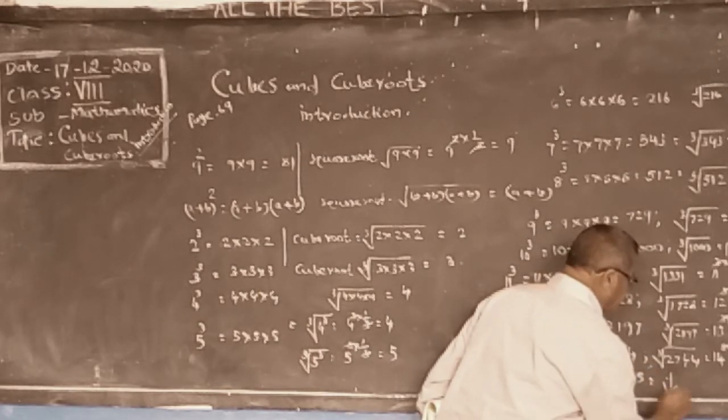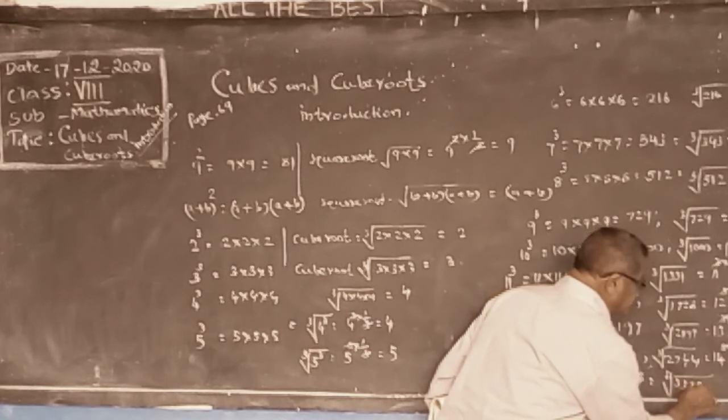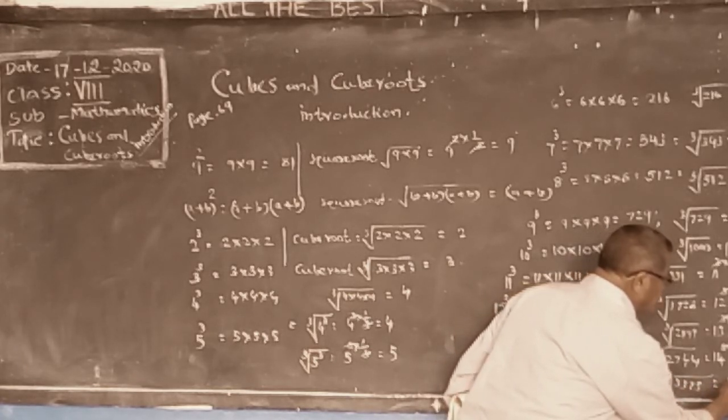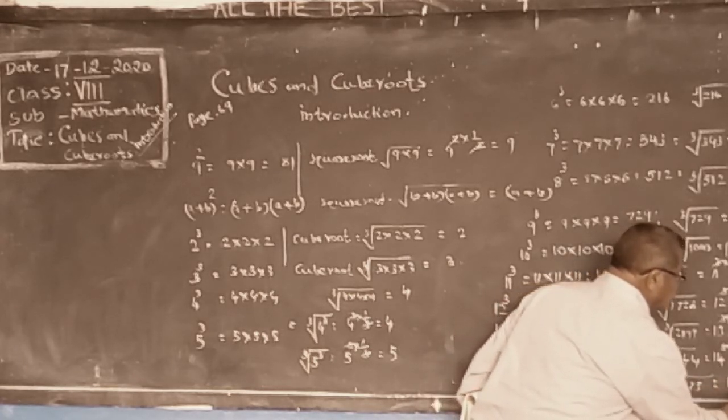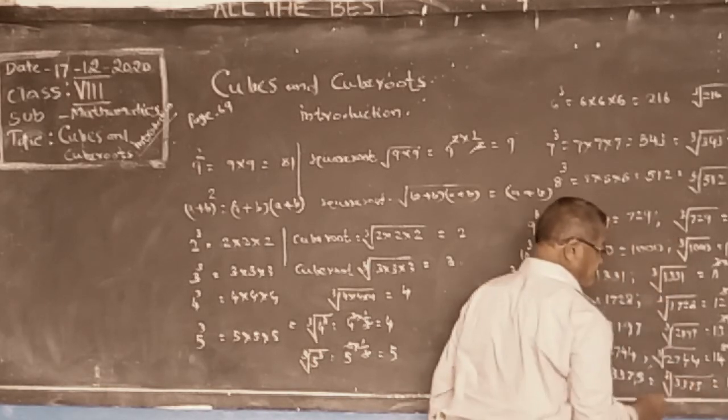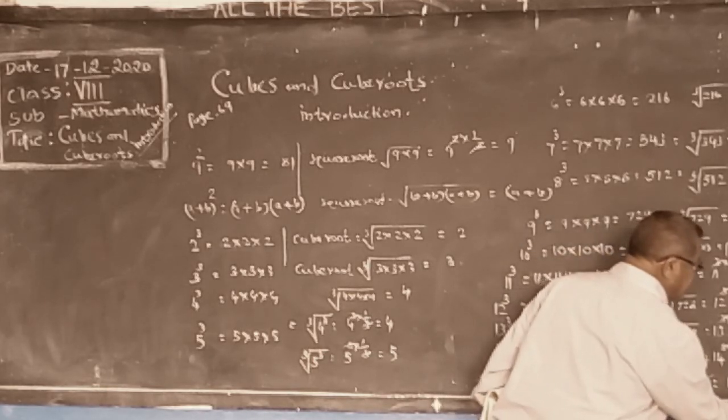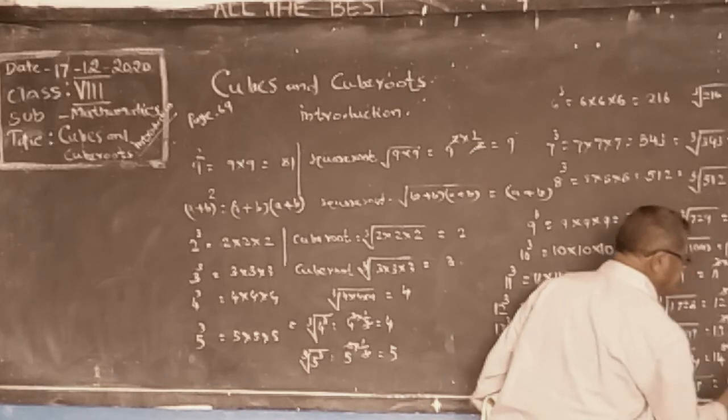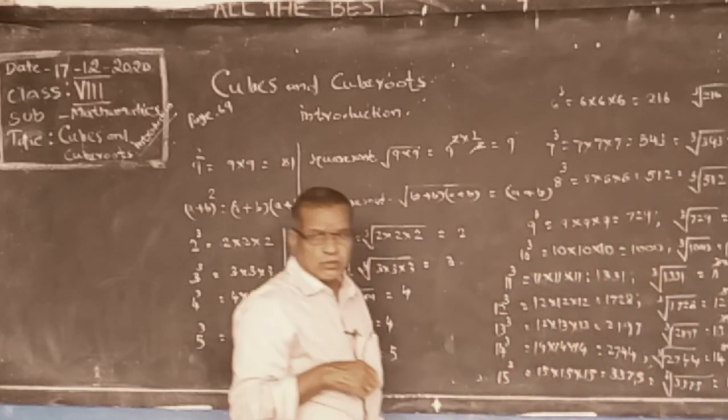The cube root of 3375 is 15 cube to the power 1 by 3. The 3s cancel, we get 15. So like that we do up to 20.